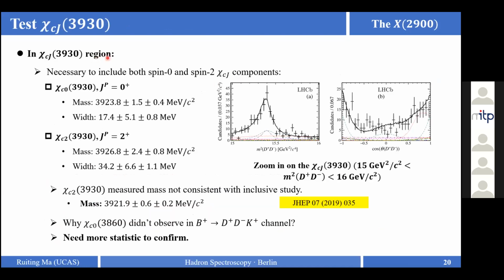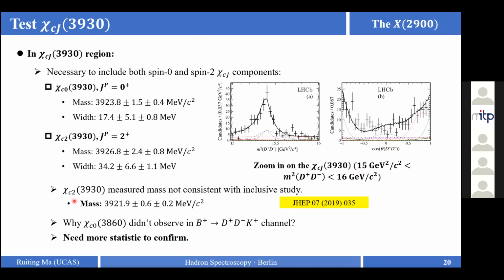During the amplitude analysis, we also found that it's necessary to include both the spin 1 and spin 2 Ds components in the existing Ds2(3930) mass region to describe the mass and also angular distributions of the dataset in the Ds2 slice. The mass of the Ds0 state is consistent with the Ds2, but the width is more narrow.